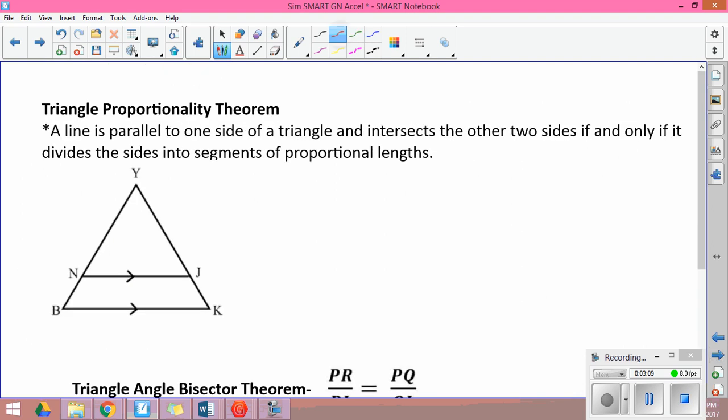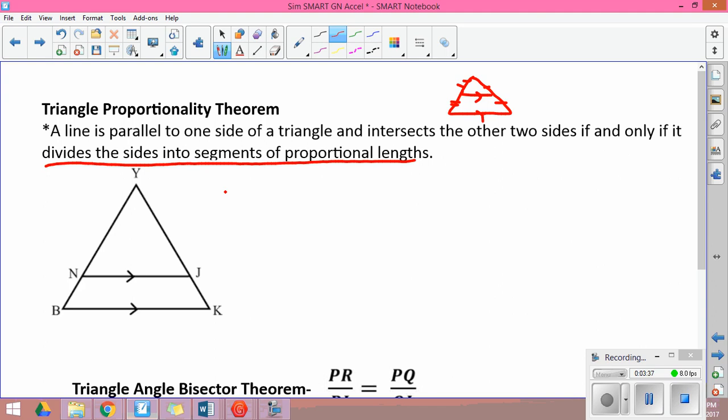Now, triangle proportionality theorem. At first glance, this might look a lot like the triangle midsegment, but remember in triangle midsegment, that parallel side was connecting the midpoints of the opposite sides, and then we had some unique things happening. In this case, it is not at the midpoint, so it is going to divide the sides into segments of proportional length.